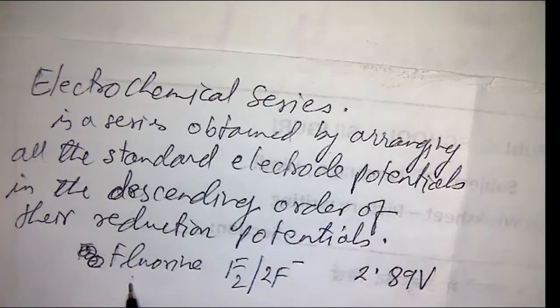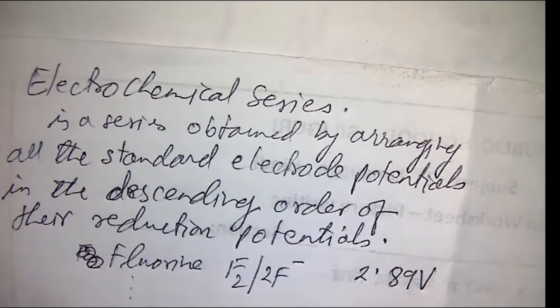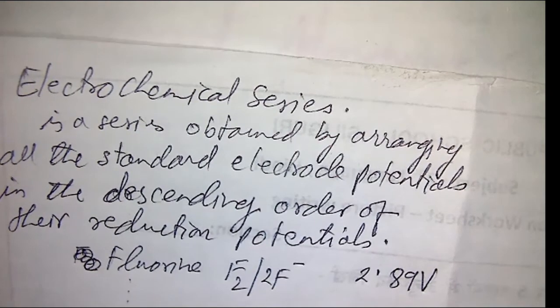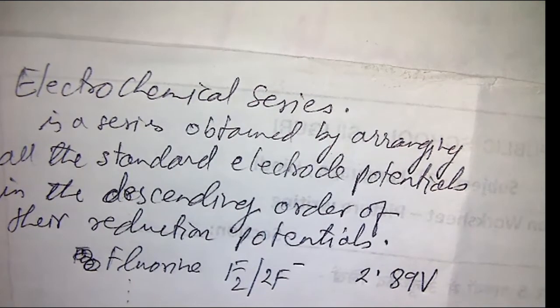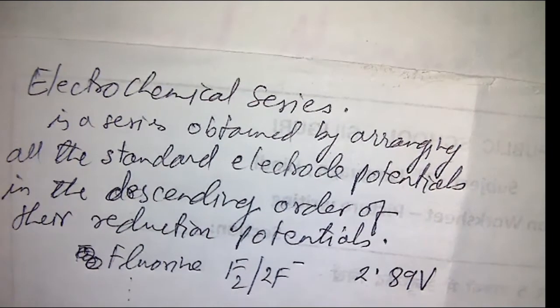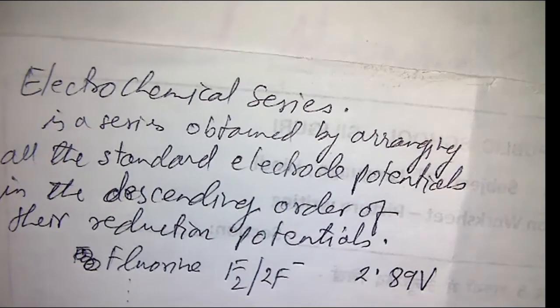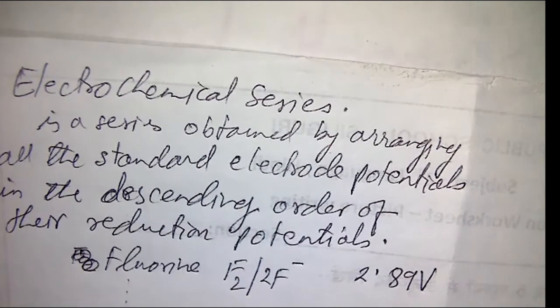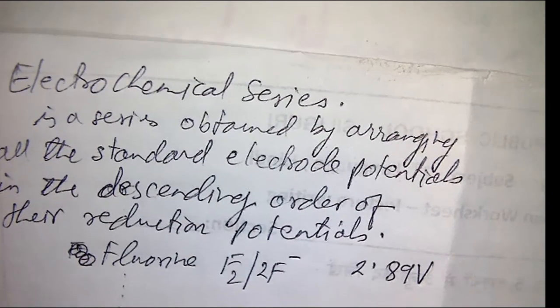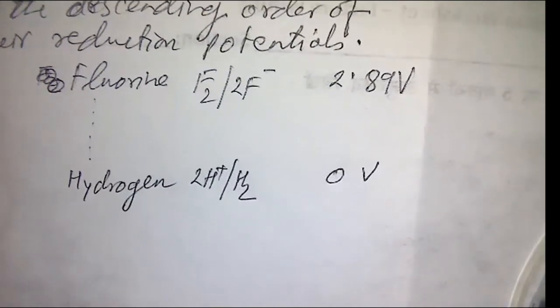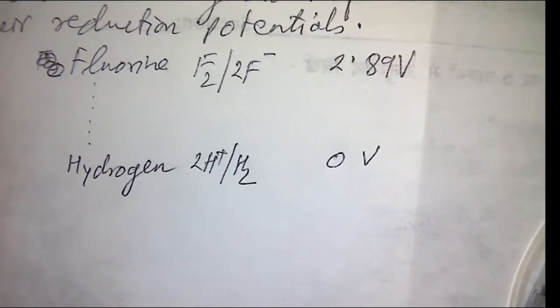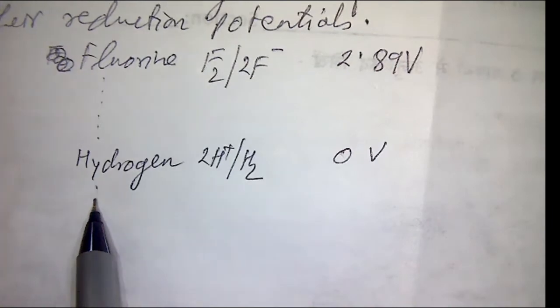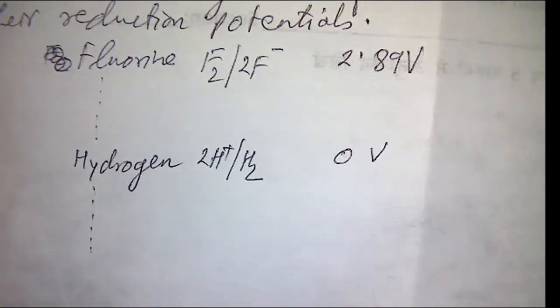So what we do, we go downward, it will reach hydrogen. In between somewhere you'll see there is hydrogen, and this hydrogen in reduction form is this one. For this it will be 0 volt. As we go down, we have hydrogen, and then hydrogen will be 0 volt. We can keep on going downwards because hydrogen is just the middle one.